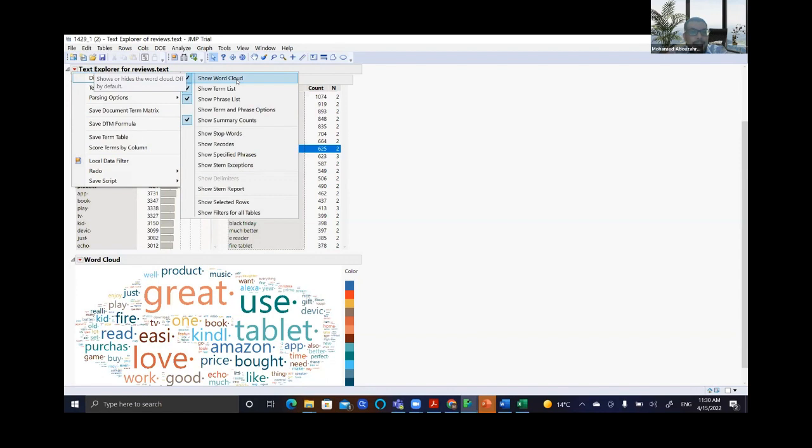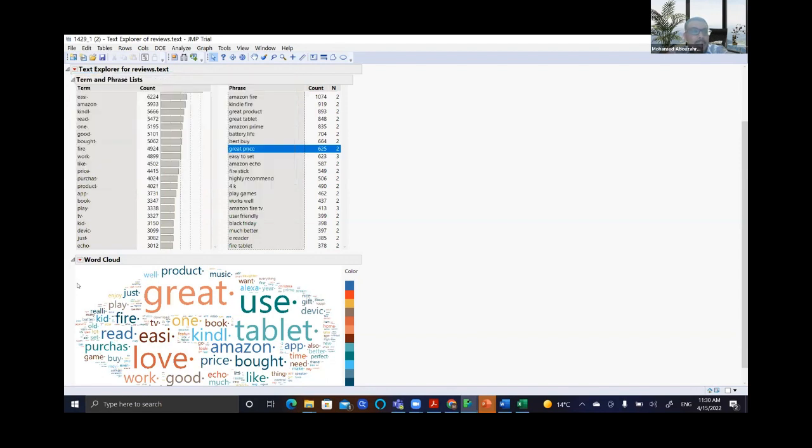Okay, and then when I wanted to modify the word cloud, I clicked this red arrow beside it. I changed the layout into central, and the coloring I changed into arbitrary colors, and it's nice. I can do it in grays. Okay, so it depends on your purpose.